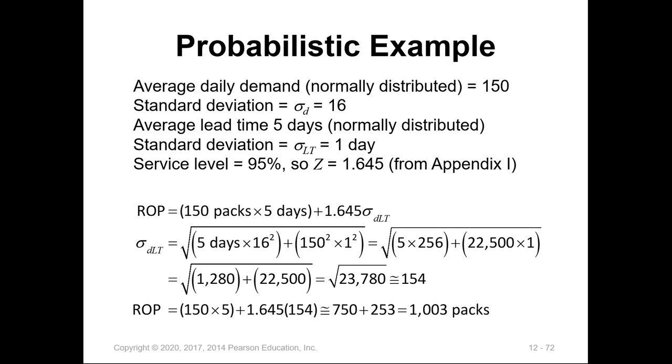The reorder point will equal 150 packs multiplied by 5 days plus 1.645 multiplied by sigma DLT. But sigma DLT can be calculated from the square root of 23,780, which is almost 154. Substituting in the formula above, the reorder point will equal 1003 packs.